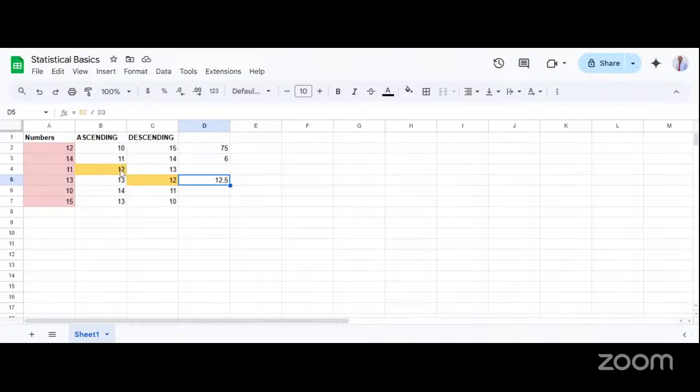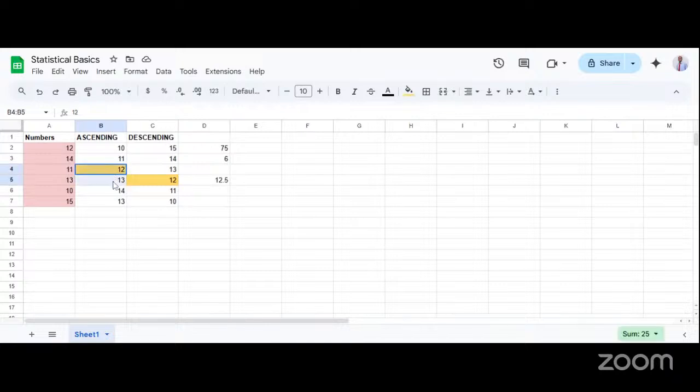Then I was talking about how we no longer have a single value perfectly at the center when the numbers are arranged in ascending or descending order.